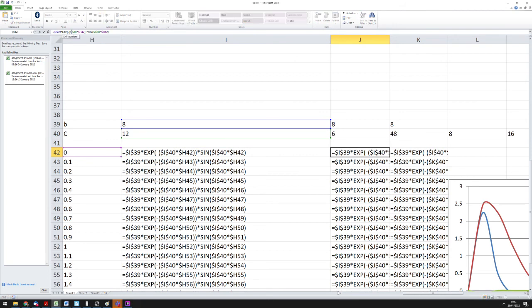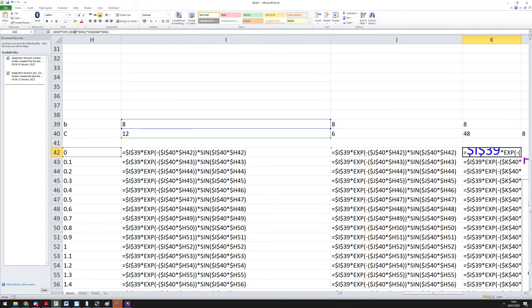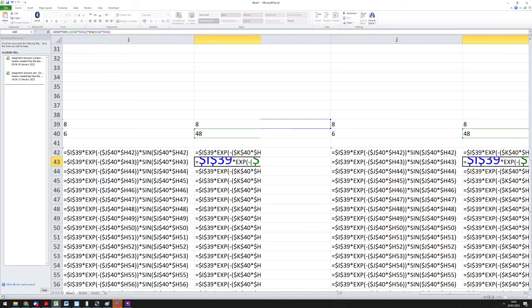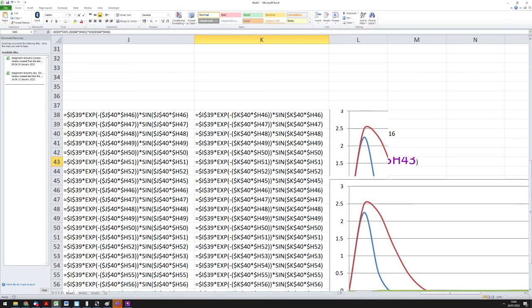You just got to make sure that you change the top one. I think I must have changed the second one down by mistake. Oh, that should be K. And that should be K. So all they're doing, just to pop it back to the numbers, yeah, that looks slightly happier.